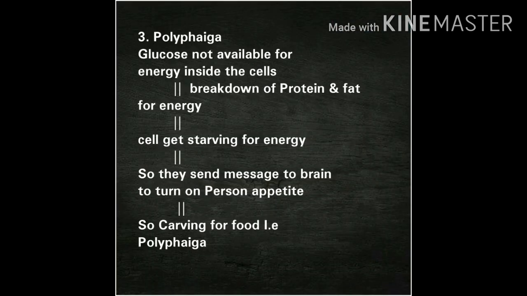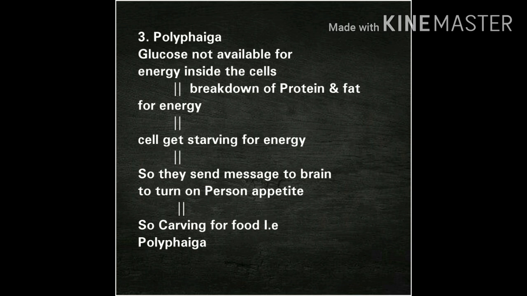The next symptom is polyphagia. In this condition, glucose is not available for energy inside the cell, because the glucose is not going to change into glycogen due to the lack of insulin. So the next option the cell has for getting energy is protein and fat breakdown.